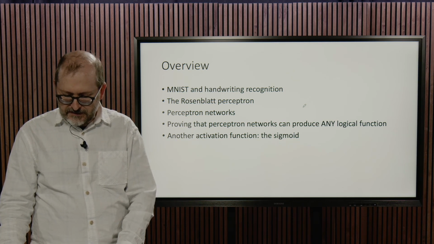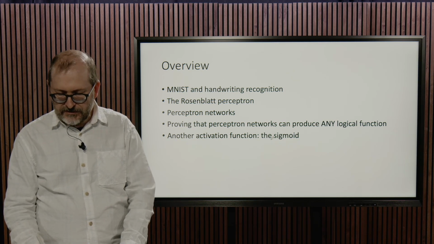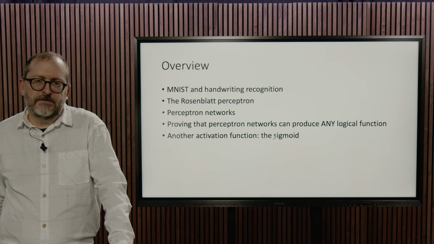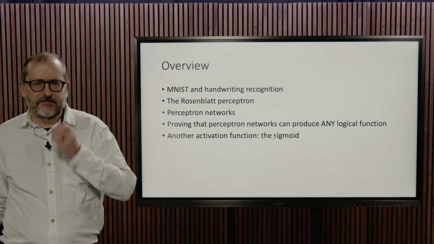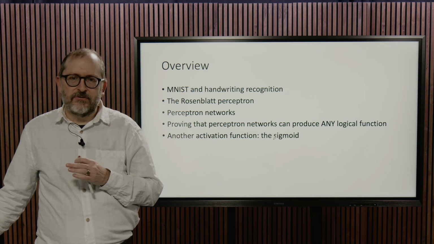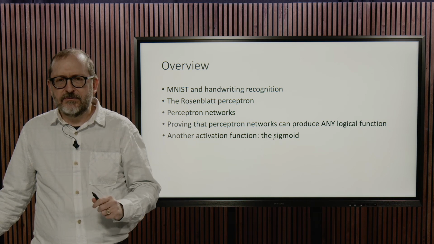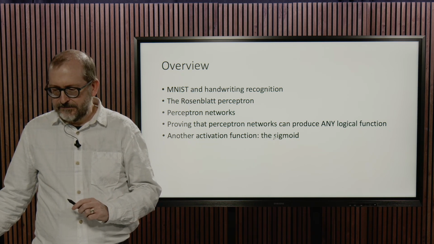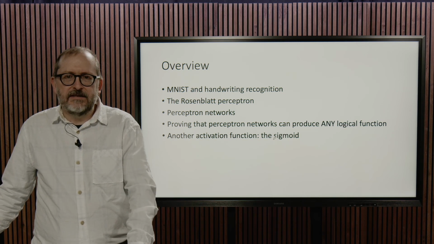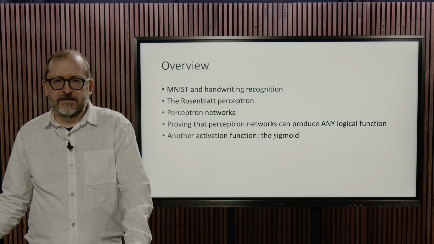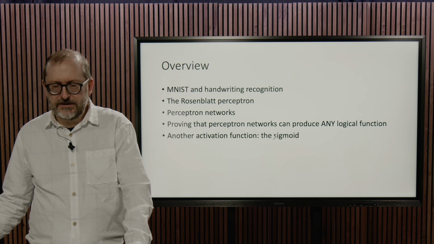Then we'll talk about another activation function, which is sigmoid. And we'll talk a little bit about, qualitatively, how to train a neural network, and then we'll give a few teasers about how we move from a simple neural network like the one that recognizes the MNIST data set and move on to more complex networks that solve other machine vision problems.